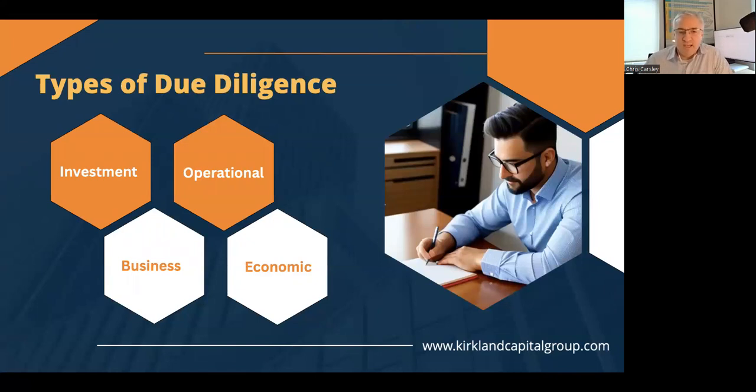We'll talk a little bit about that. And then one thing that is always encompassing, regardless of the investment you're looking at, is some level of economic due diligence. Once you understand the investment, operational, and business, you can fit and perhaps even come to a conclusion of what size you would want to be in whatever investment you're looking at, from some of those economic findings.